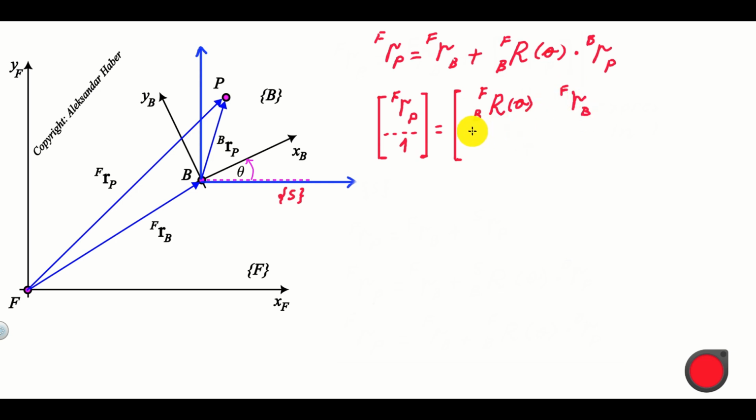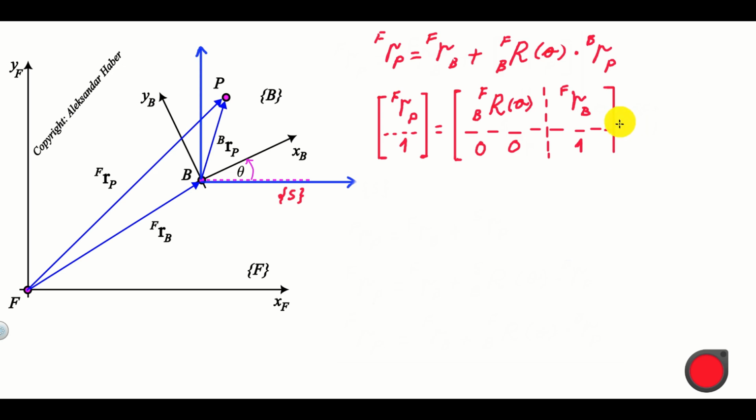Then over here in the second block row we will have 0 and 0. This is because this matrix R is a 2 by 2 matrix, and we need to make the dimensions of this matrix to be consistent. Then let's now draw this vertical dashed line to denote the blocks, and over here we will have 1. This is because RBF is actually a vector.